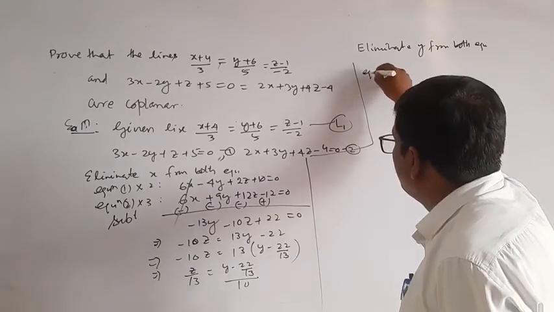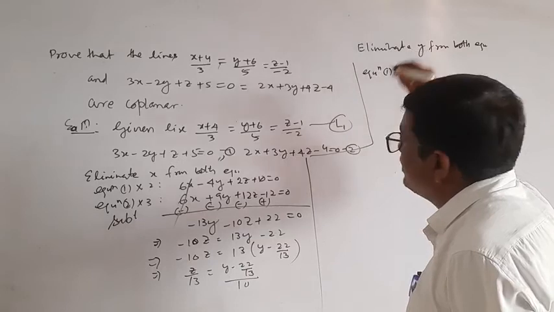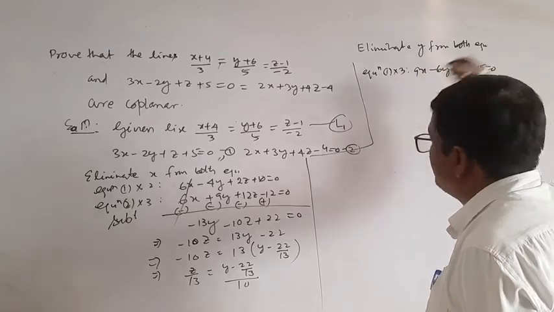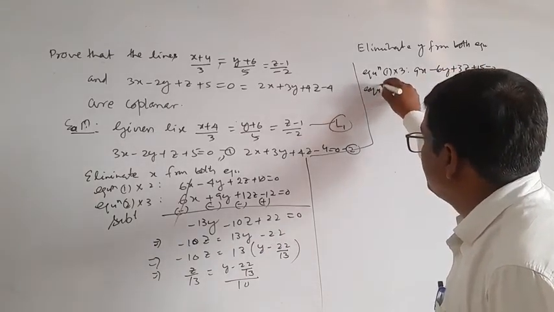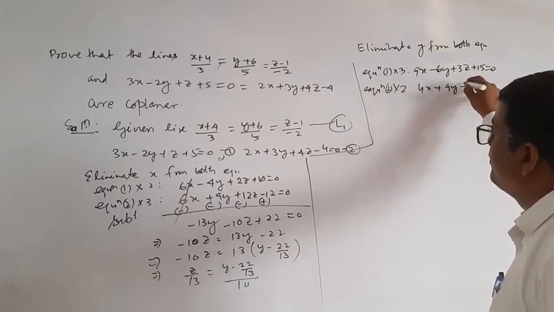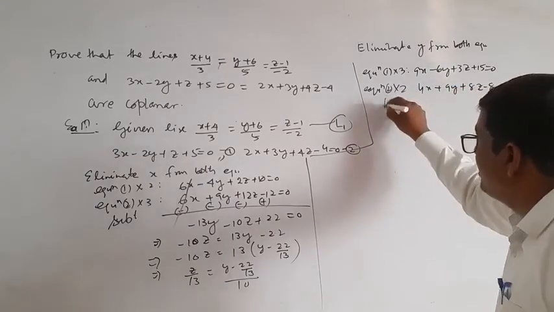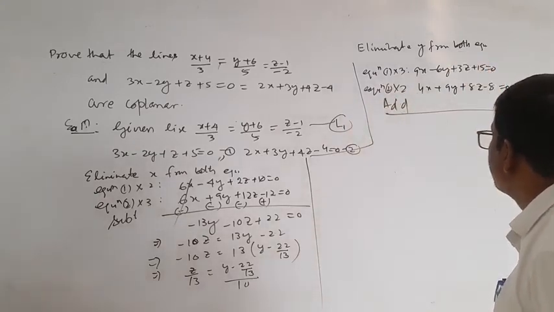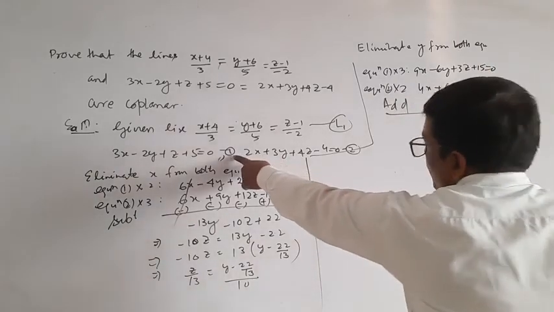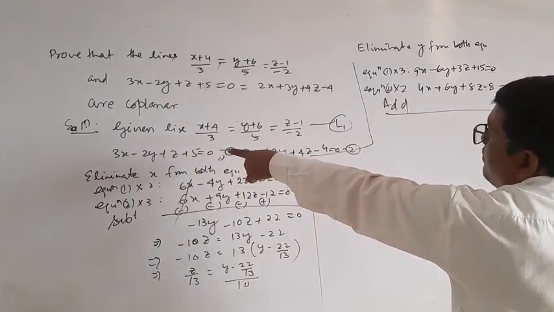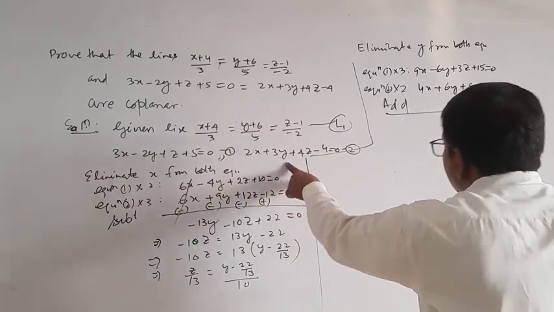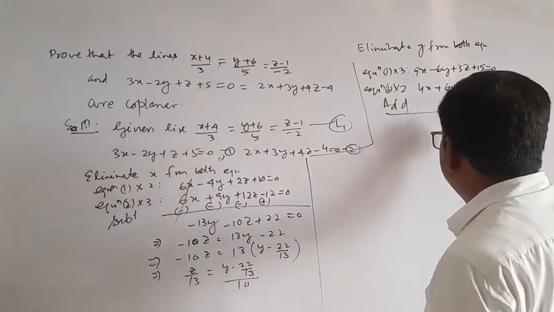Equation 1 into 3 gives 9x - 6y + 3z + 15 = 0, and equation 2 into 2 gives 4x + 6y + 8z - 8 = 0. Add these, so the 6y cancels.